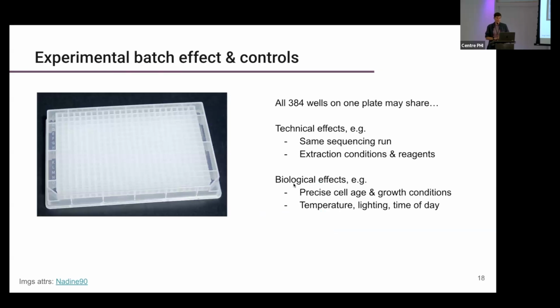Other things we're going to be doing are handling the batch effect and controls. Again, we have a 384-well plate here, and any sample from any well is going to have some similarities with the well that's, say, 2 columns over and 5 rows down. It'll be run at the exact same time, and it'll share technical effects, like probably going into the same sequencing or otherwise measurement run.